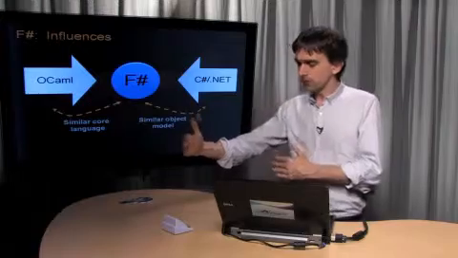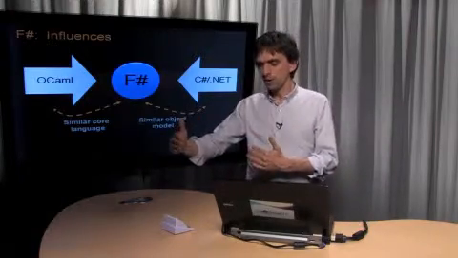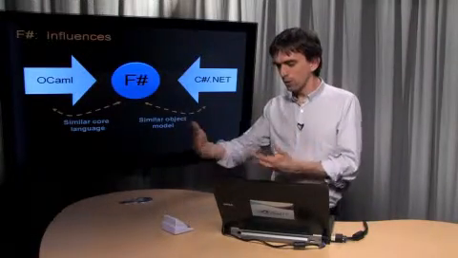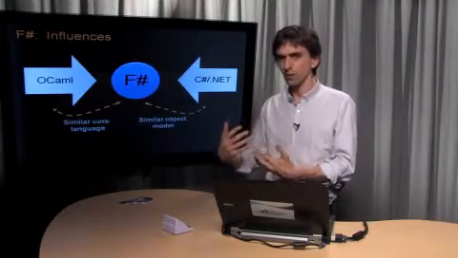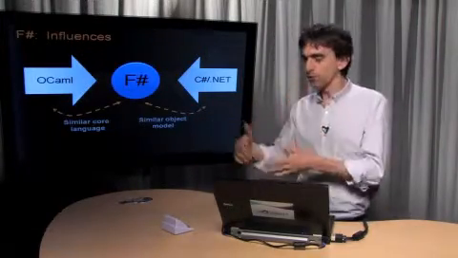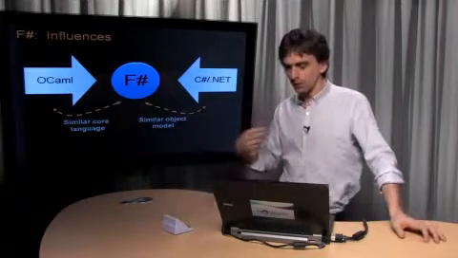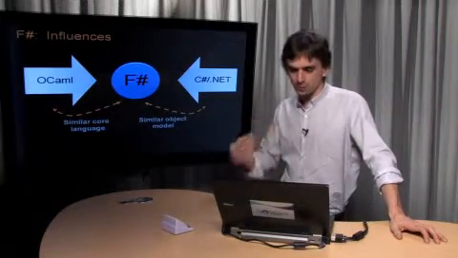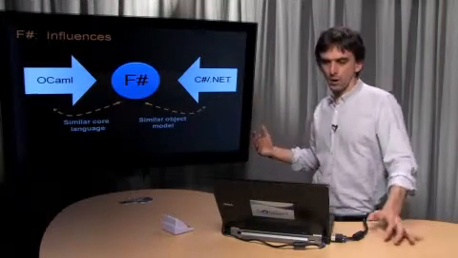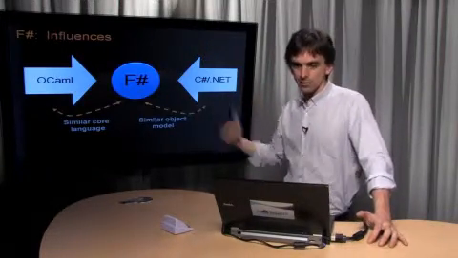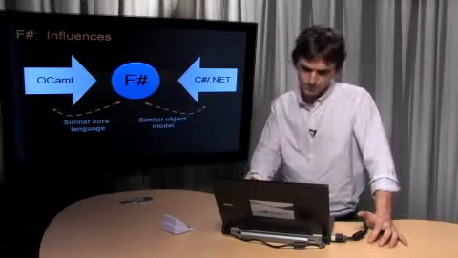Because we've got static typing, the compiler can tell you a lot more about your code. It knows what the types of everything are, and it can feed that information back to you. That's always been a fundamental part of the C# design experience, and it's fundamental to F# as well.